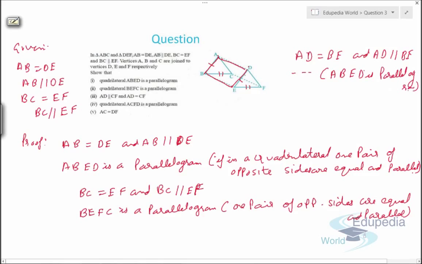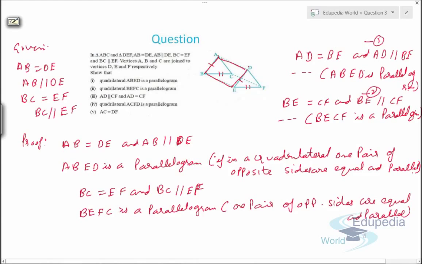Then we can say that BE equals CF and BE is also parallel to CF. Why? Because BEFC is a parallelogram, we have proved, right? So let it be 1 and let it be 2.